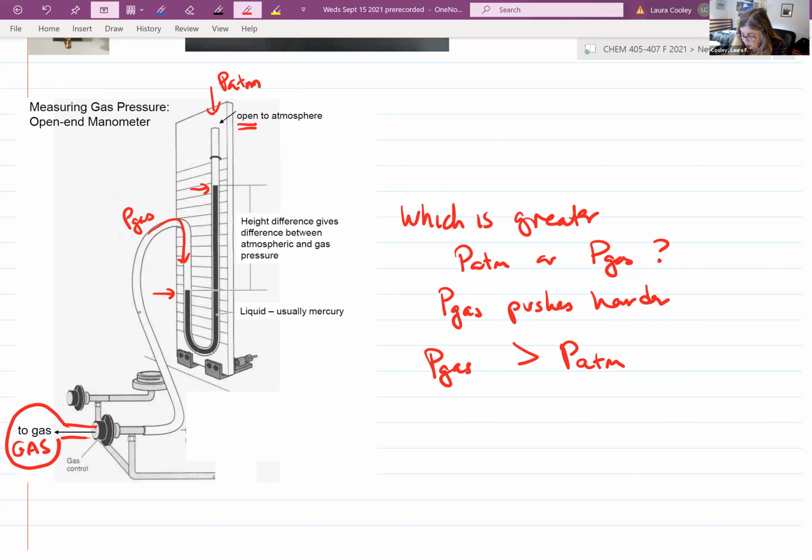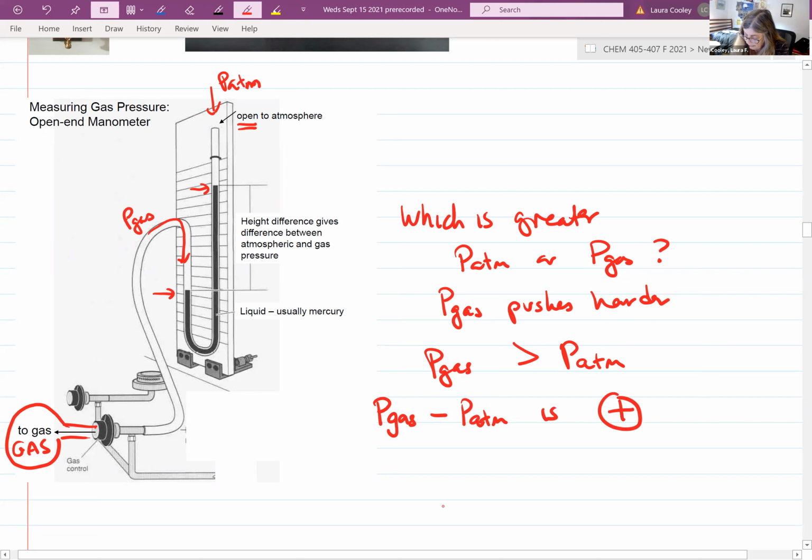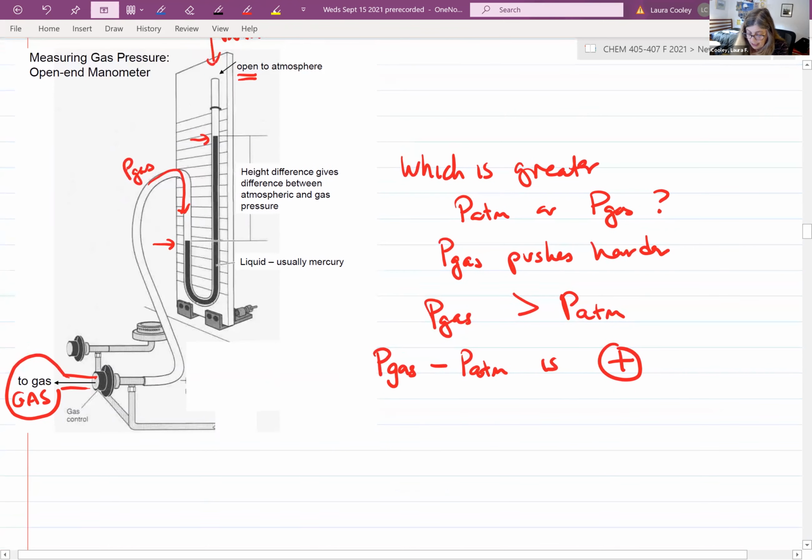The reason I ask which is greater is that now I can say P gas minus P atmosphere is positive, because I know P gas is greater than P atmosphere. That means I can subtract the lower number from the higher number, and that equals the height difference of the two columns.